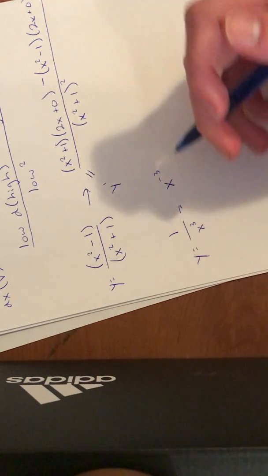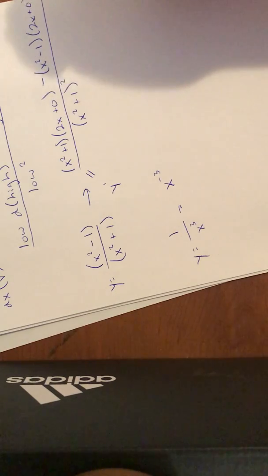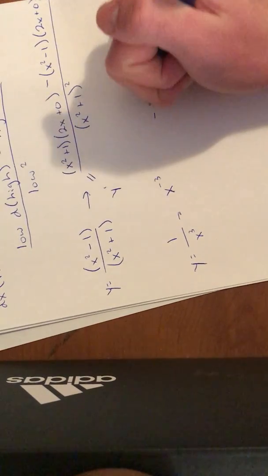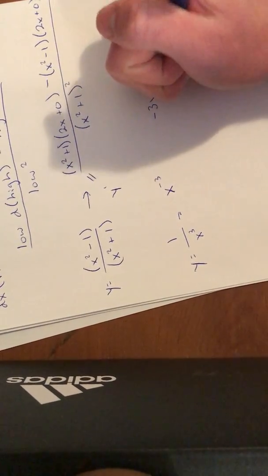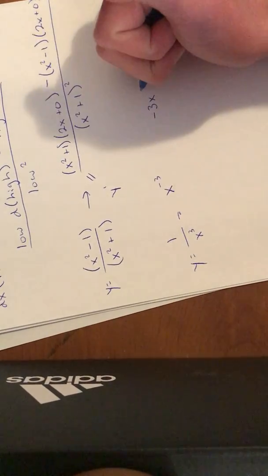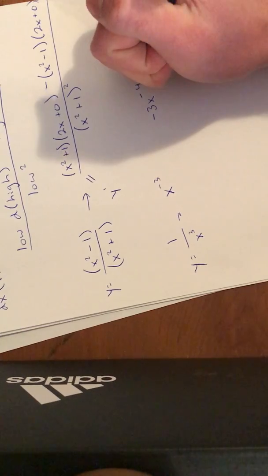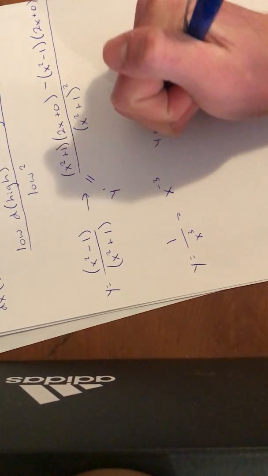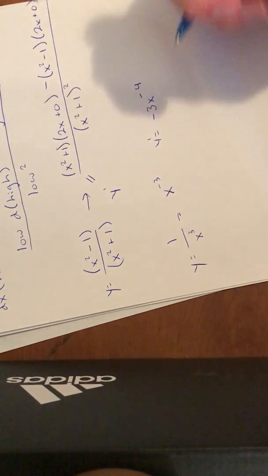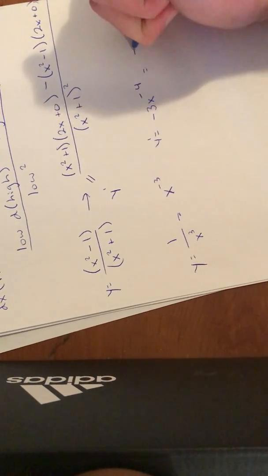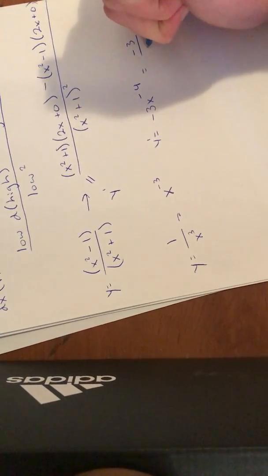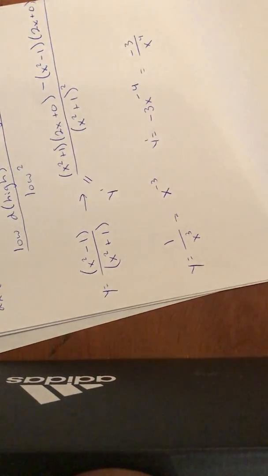So to take the derivative of x to the negative 3, we're going to bring the number out front, so negative 3 x, and then we're going to subtract 1 from the exponent, so negative 4, and that's the derivative. So y prime is equal to that. Or you could say negative 3 over x to the 4.